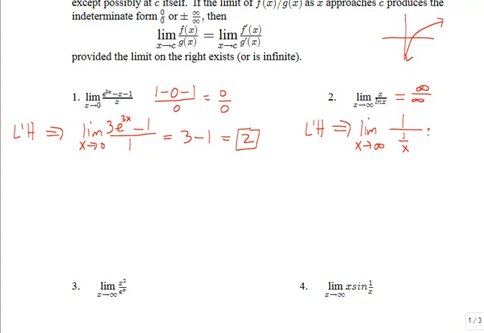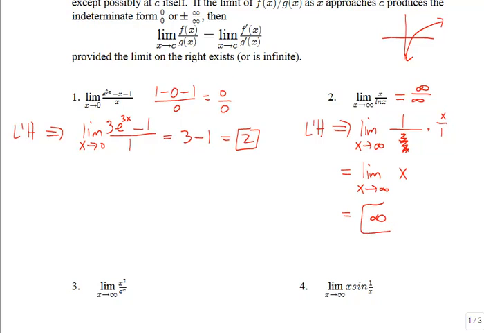Well, you can multiply by the reciprocal, and the reciprocal of the denominator is x over 1. So if we get rid of that by flipping it over, then this just becomes the limit as x goes to infinity of 1 times x over 1, which is just x. And as x goes to infinity, this goes to infinity.